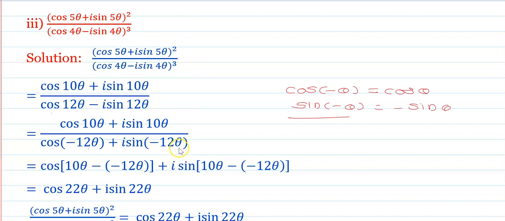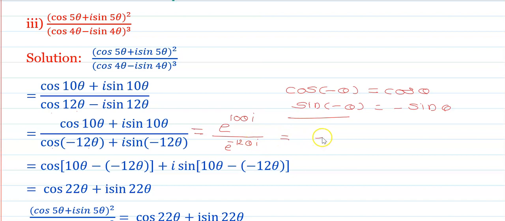Okay, या प्रकारे. Now next we can write this as, आपल्याला e raised to 10 theta i, this is the e raised to 10 theta i, and in the denominator e raised to minus 12 theta i.